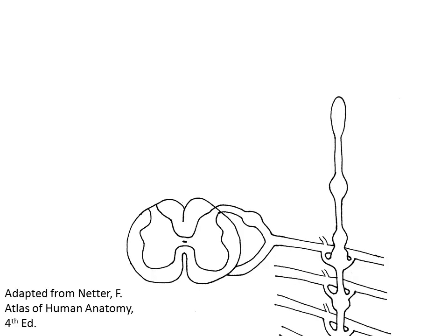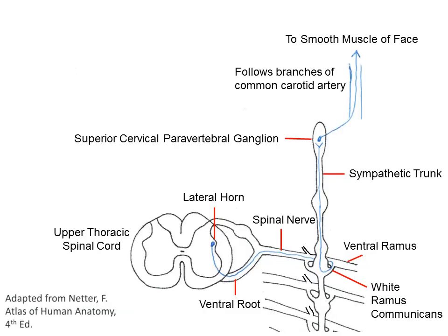Let's now draw out your pathway for the sympathetic neurons to get up to the face region. We have the starting point being the lateral horn of the upper thoracic spinal cord. So there's our preganglionic neuron cell body.